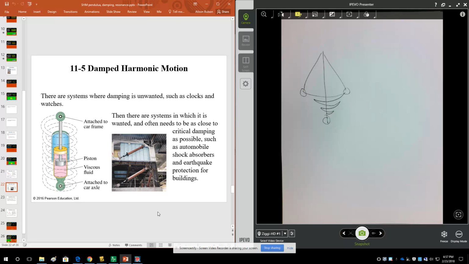But then there are systems in which we do rather want damping, and we might like to have critical damping so that the object does not oscillate. So shock absorbers and earthquake protection for buildings are examples where we're trying to achieve critical damping so that there is minimal oscillation after a disturbance, right? After you go over a bump or after an earthquake wave passes the building.